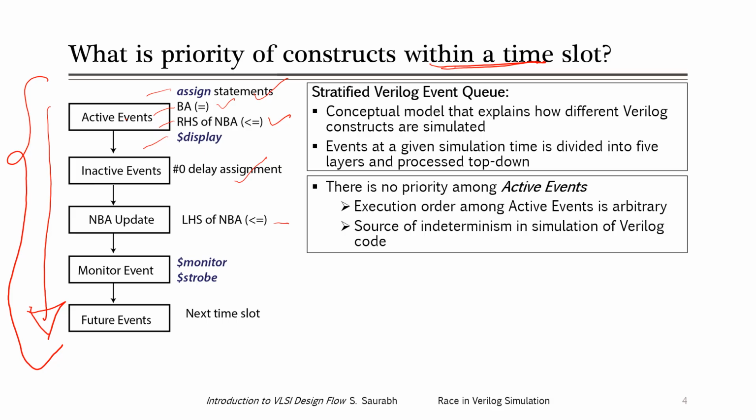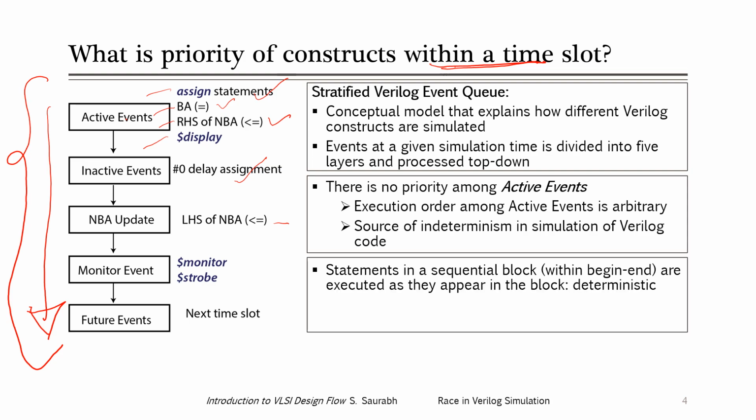And this mechanism, giving the same priority to all the events in the active event queue, is one of the ways which models the parallelism in the hardware. This kind of parallelism is missing in traditional programming languages. This is a feature of hardware description languages.